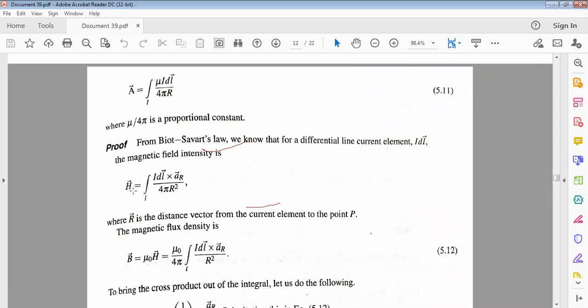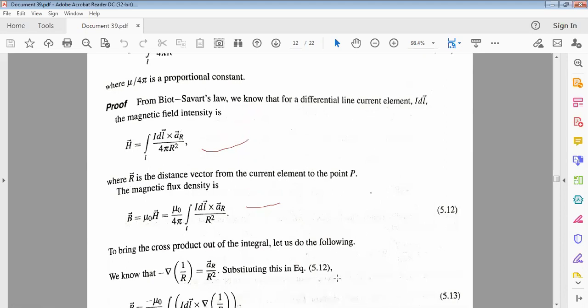When I multiply by mu naught on both sides, mu naught into H is replaced with B. Am I correct? So B equals mu naught by 4 pi, which you take outside, times the integral of IDL into aR by r square.